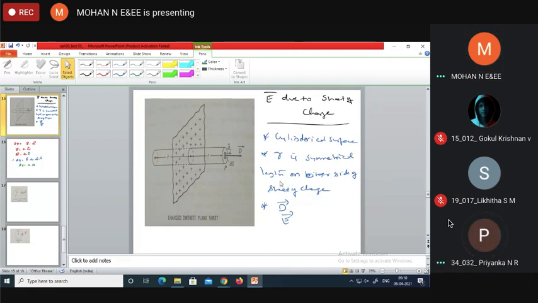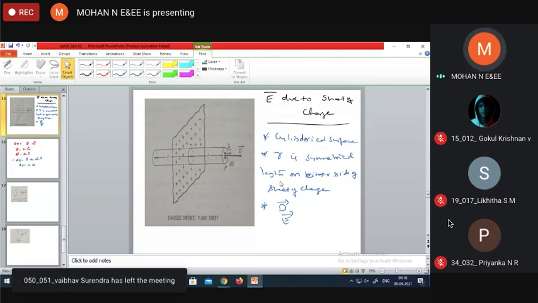No, sir, because it will be perpendicular to the electric field. Correct. So it will be parallel to the sheet of charge and perpendicular to the electric field. So you will not have any flux lines crossing the surface. Only the flux lines will be crossing the flat ends of the cylinder. Okay, this is what to understand here.